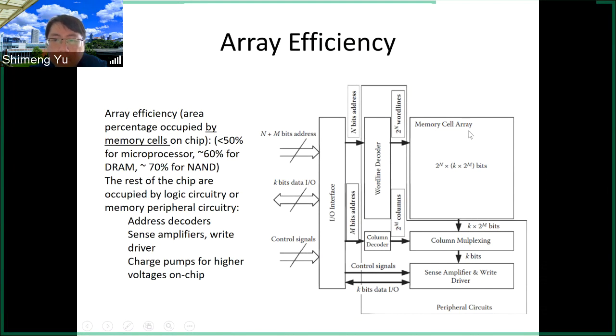The memory cell array is typically organized in rows and columns. So you have many rows and many columns. Each intersection here is one memory cell, so you have many memory cells in this array.